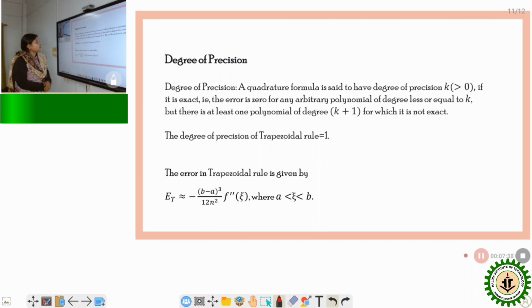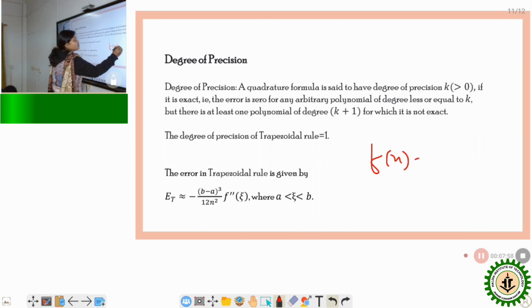But if there exists one polynomial of degree k plus 1 for which the value is not exact, then we say that the degree of precision is k, right? So what does this mean? Suppose I am taking one polynomial fx of degree k.